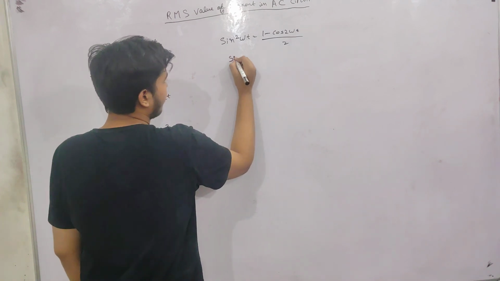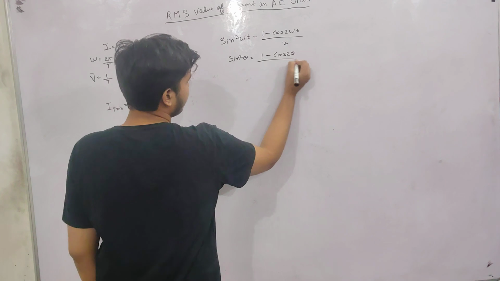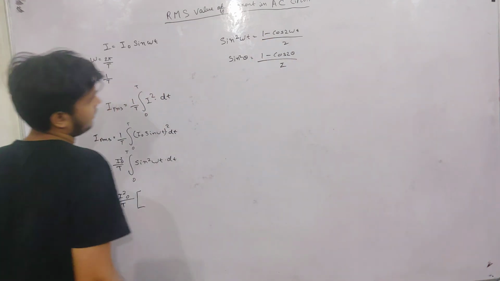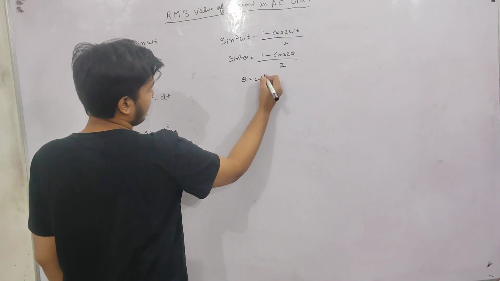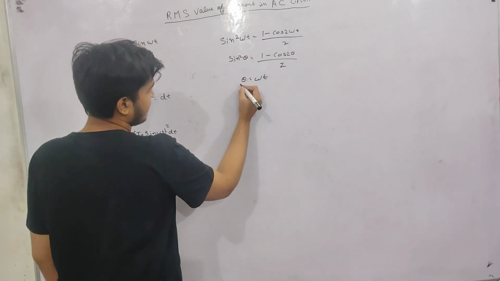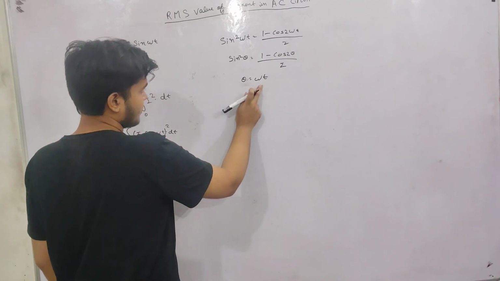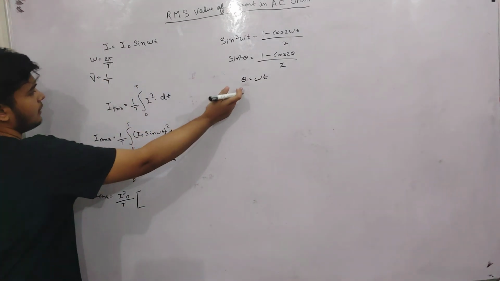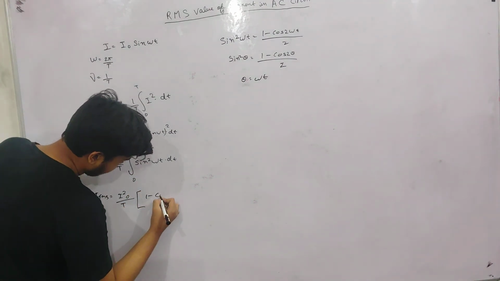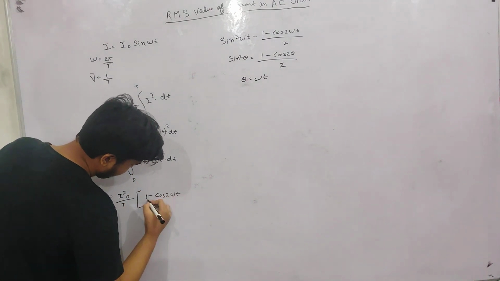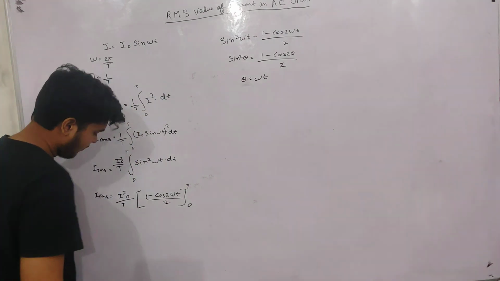The value of sin square theta is 1 minus cos 2 theta by 2. The same formula we have used here; omega t is the angular displacement theta, so in place of theta we use omega t. I naught square, 1 minus cos 2 omega t by 2, upper limit T, lower limit 0.